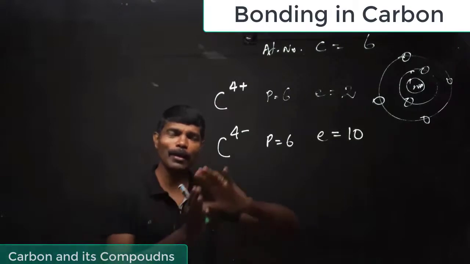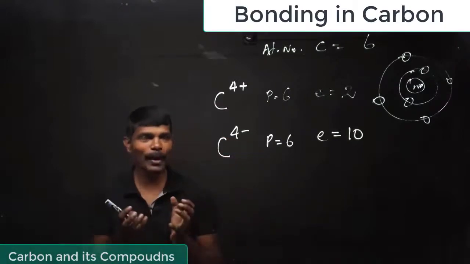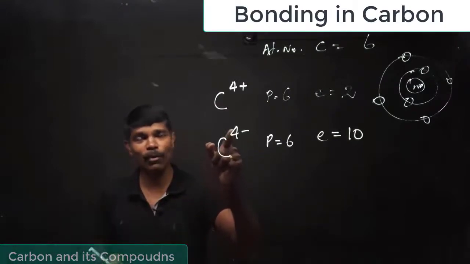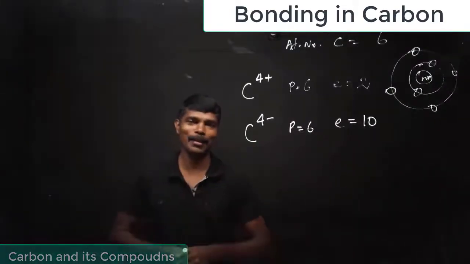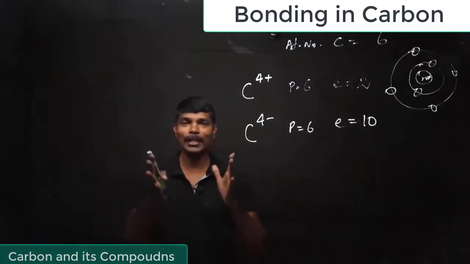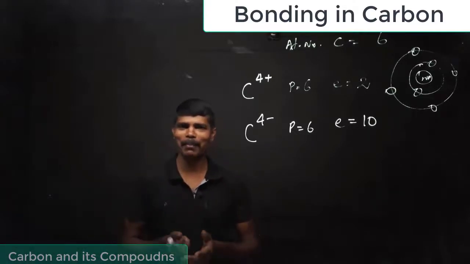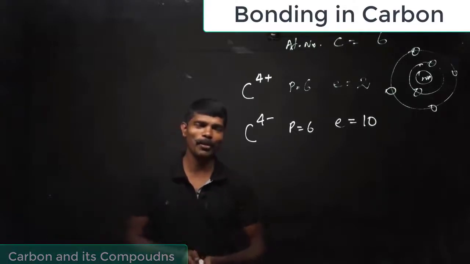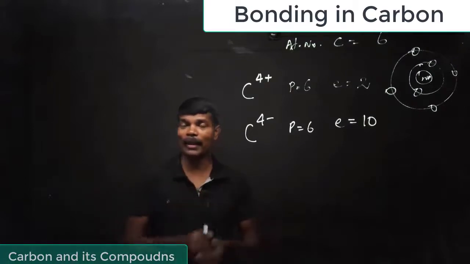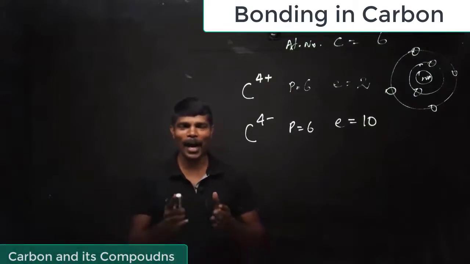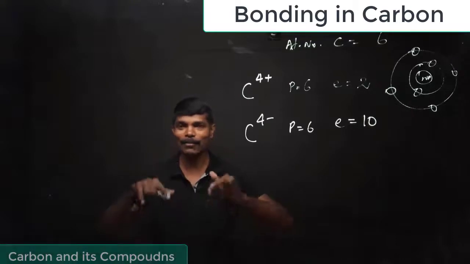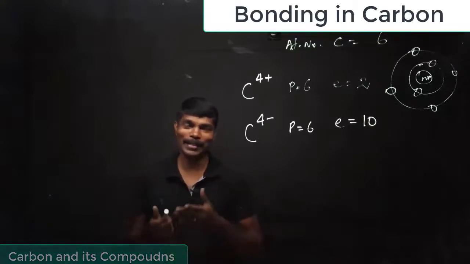So it's difficult for carbon to gain 4 electrons to form C4- and get itself a stable configuration. So there is a big difficulty for the carbon atom to get a stable configuration by either losing or gaining electrons, and this difficulty is overcome by another way of getting a stable configuration. We call it sharing.